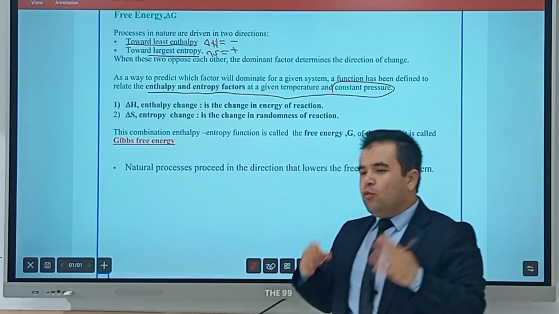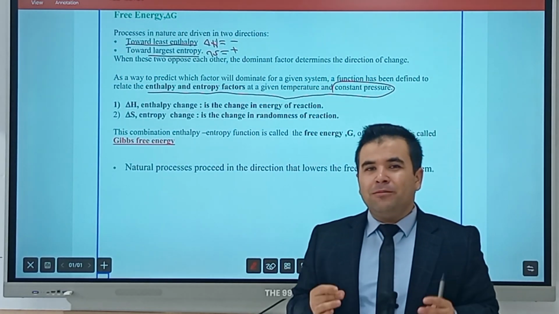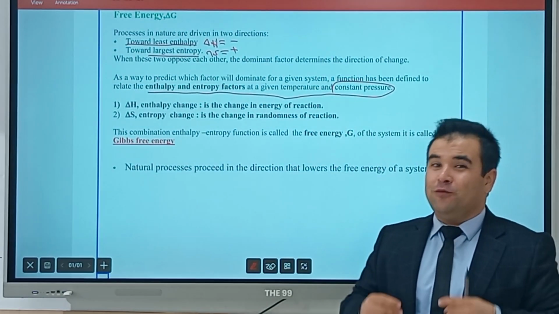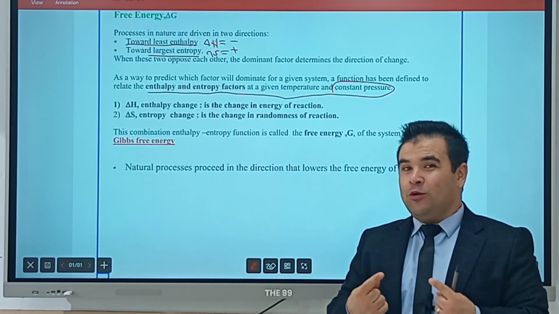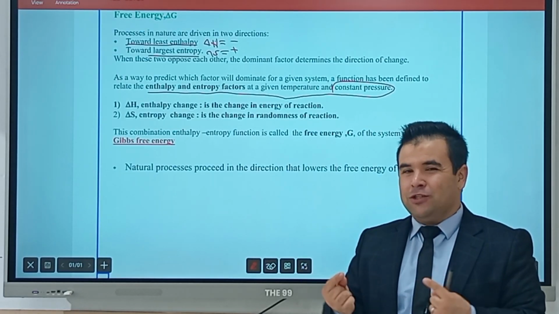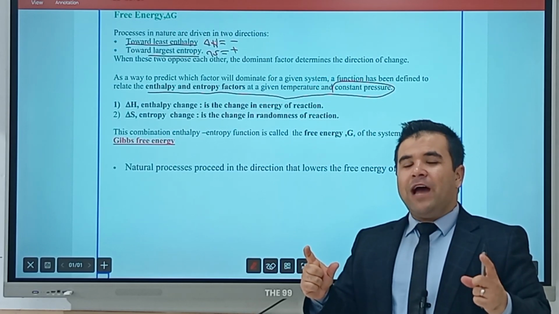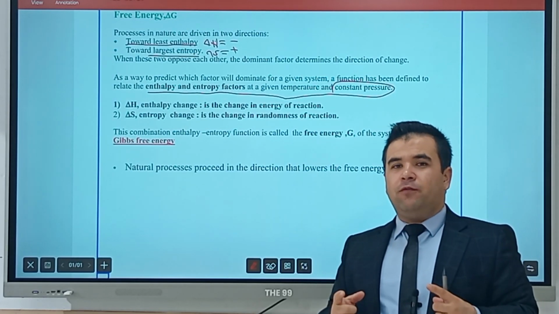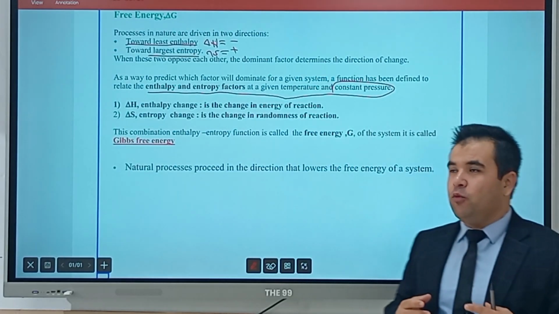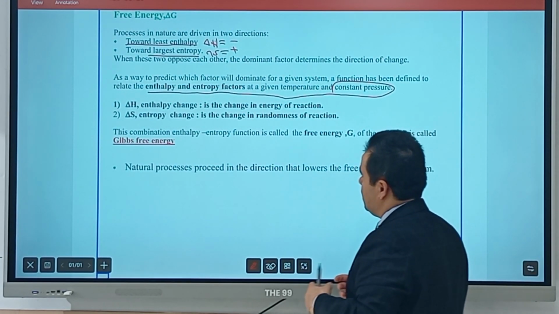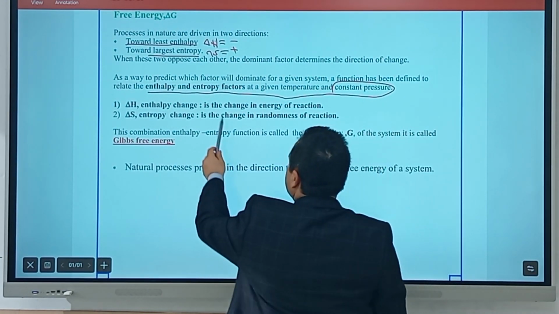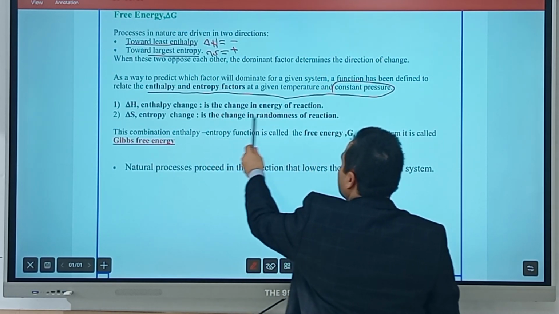So from now on, we do not determine the spontaneity of the reactions only from individual enthalpies or the entropies. Instead, we have to combine both driving forces in a combined equation, and that combined equation is the Gibbs free energy. Enthalpy change is the change in energy of reaction.